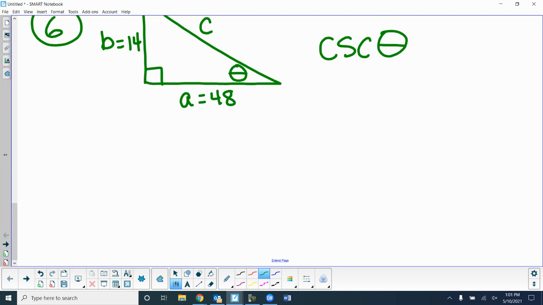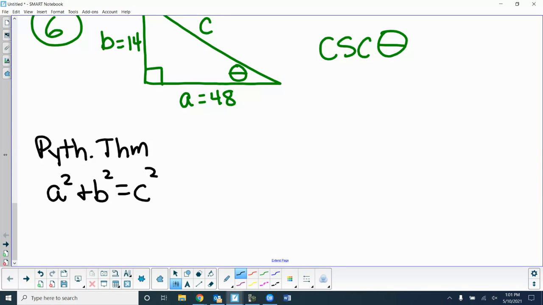All right. So what you might want to put on your note card is Pythagorean theorem, which in a right triangle says a squared plus b squared equals c squared. The two legs squared equals the hypotenuse squared. Also write this.